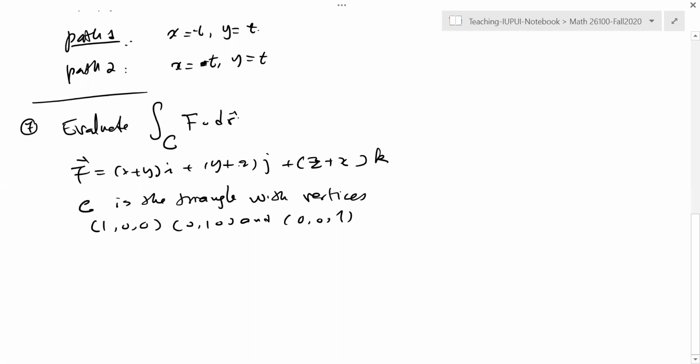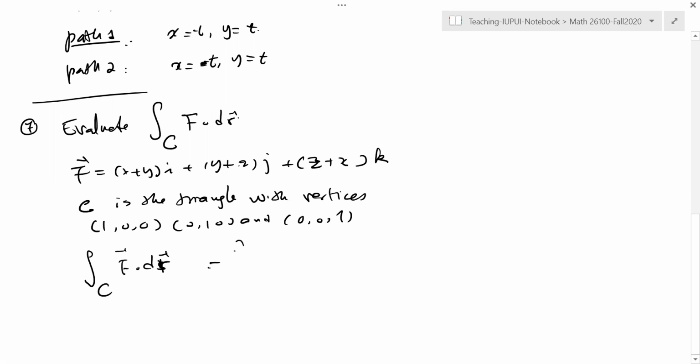To solve this type of problem, my suggestion is to write down the formula, the theorem, first. Do not just start working on it, run out of time, and then stop there without even mentioning what Stokes theorem is. So always write down the formula.